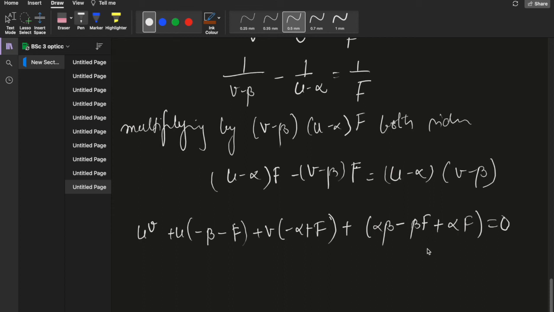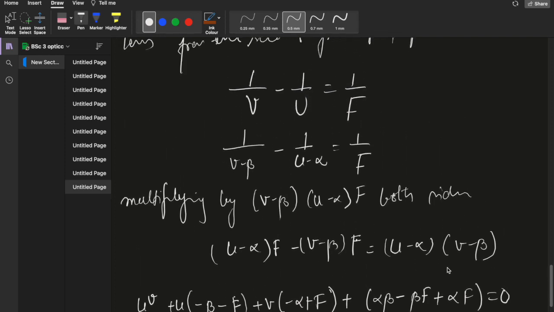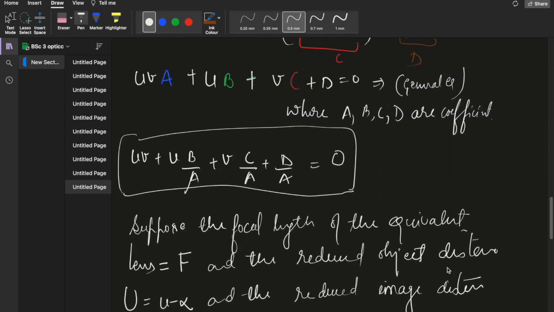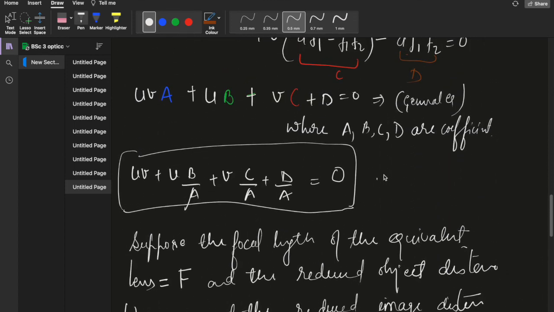If we see this equation, say this equation is equation x. All right, compare this equation with our generalized equation.